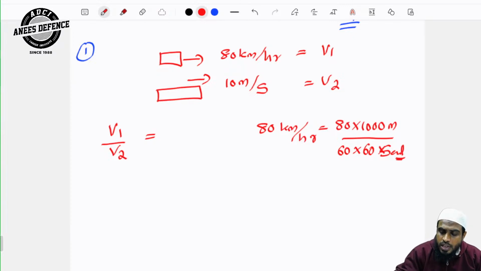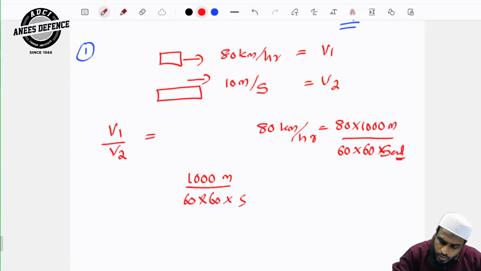So 60 into 60 is 3600. You can represent it like this: 1000 meter divided by 60 into 60 seconds. So you are getting 10 by 36.